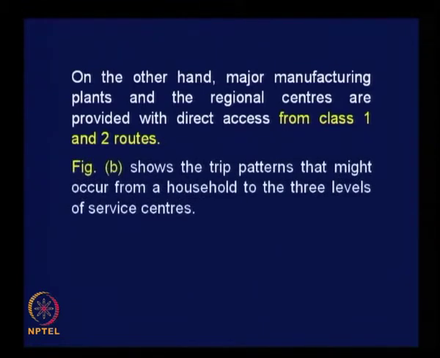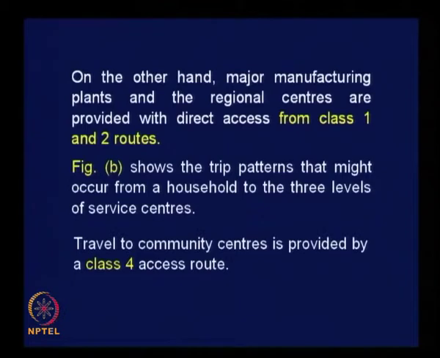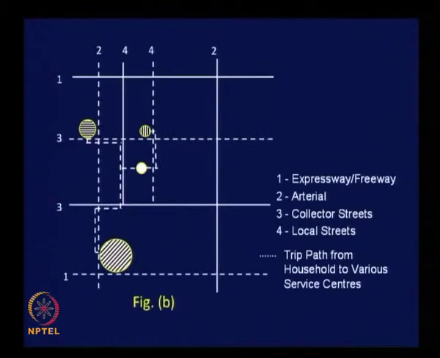And let us see the connectivity between the activity center hierarchy and transport route hierarchy. Travel to community centers is provided by a class 4 access route. Maybe we will look at figure B, then we will get a better understanding of the path from household to various activity centers.